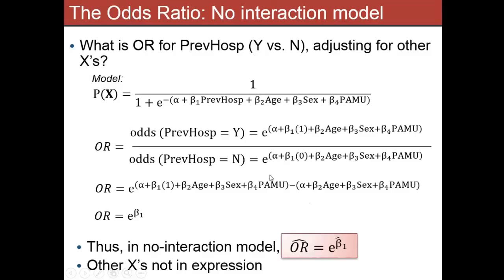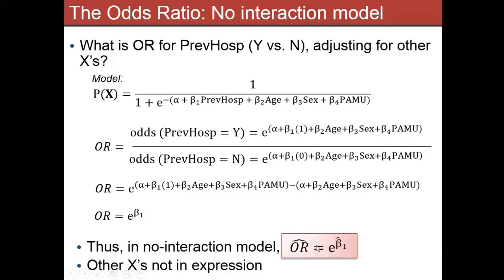Everything cancels out when you subtract up in the exponent here, except you have beta 1 times 1, and there's no corresponding piece because it was beta 1 times 0. This was a 0, so this went away. So after you cancel everything out, what you're left with is just beta 1 times 1. That was it. Everything else conveniently goes away.